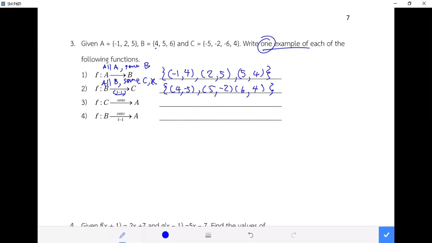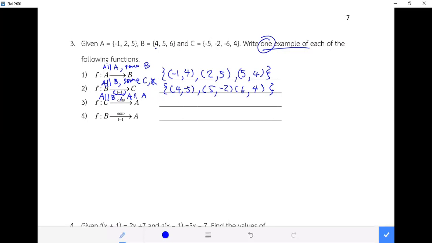Next one is on 2, right? On 2 means all of them, all B, and then go to all A. On 2 means like that.